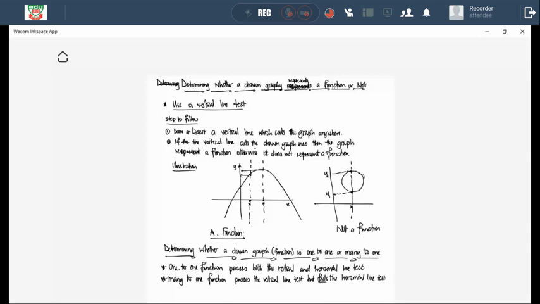So one-to-one passes both the vertical and the horizontal line test, but many-to-one passes the vertical and fails the horizontal line test.